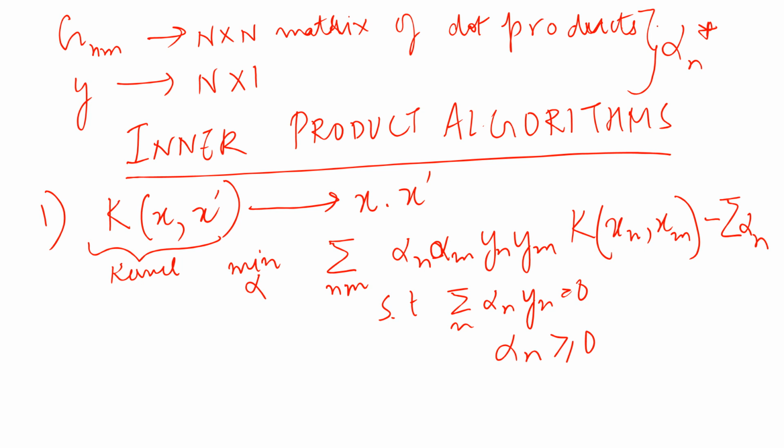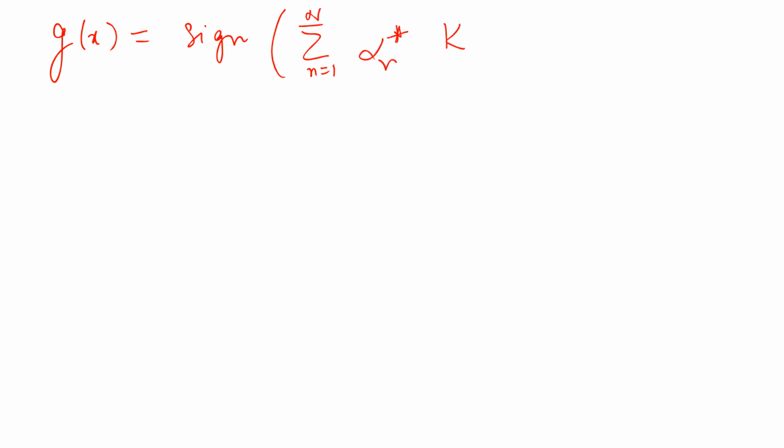Once I solve this problem, I'm going to get my alpha n star, and then I'm going to get the final hypothesis using this alpha n star. Writing it again in terms of my g of x and the sine function, I'll have the sine of the sum for n from 1 up to N of alpha n star k of xn, x, where x is the point that I have, plus b star.